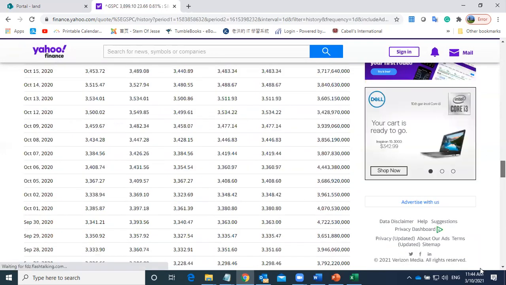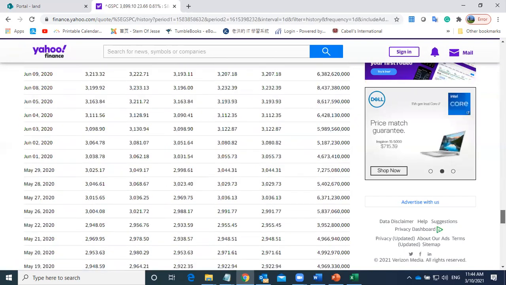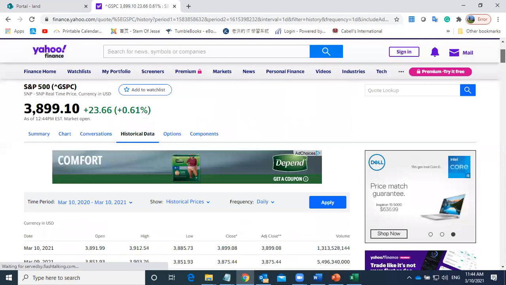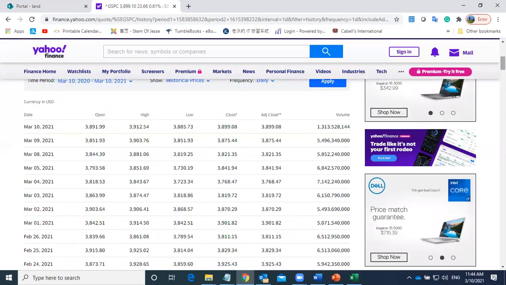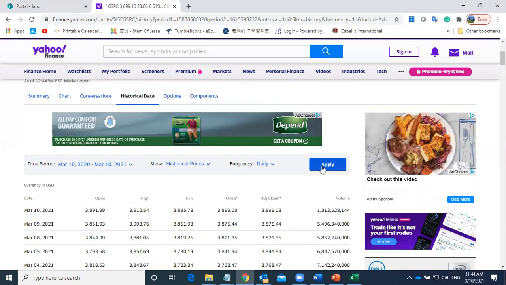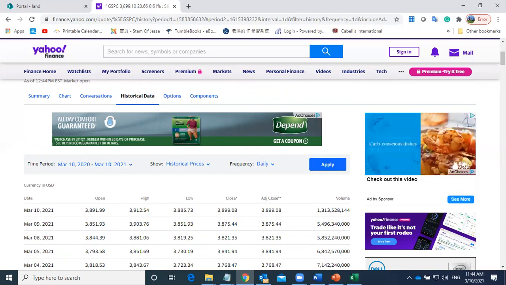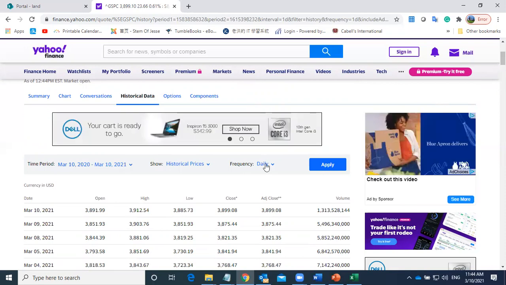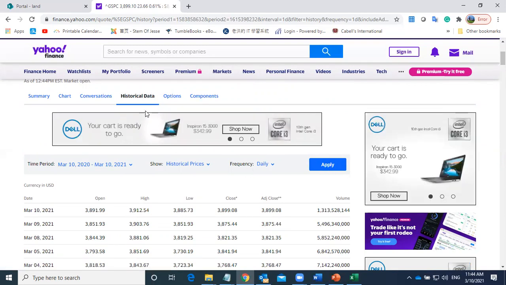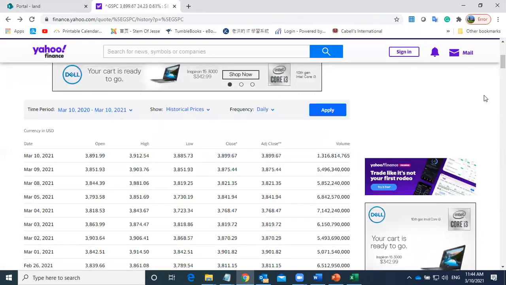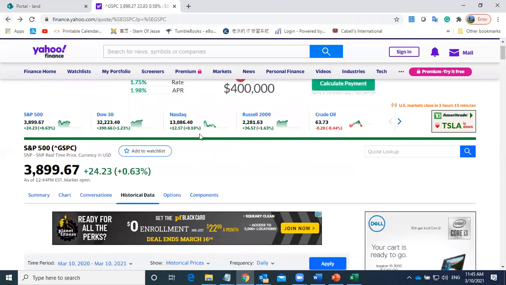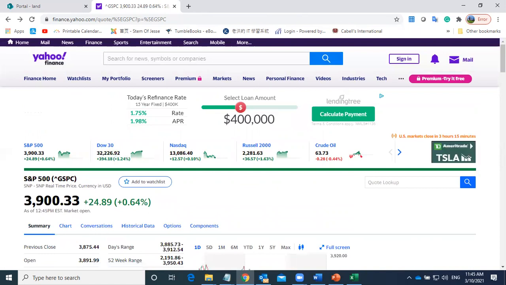So where's the download button? We are supposed to download the S&P 500.